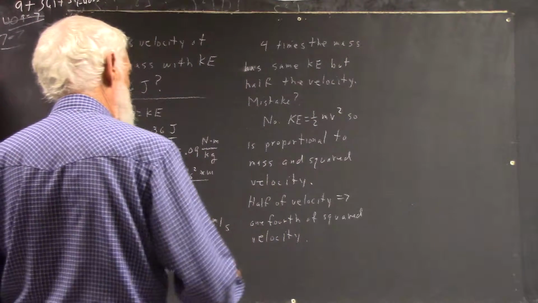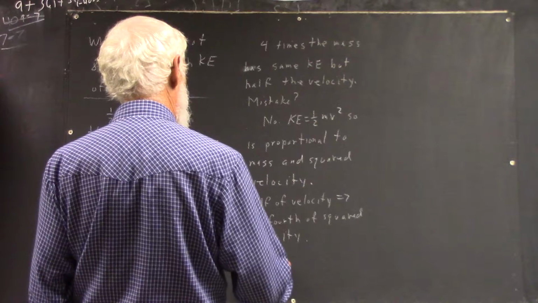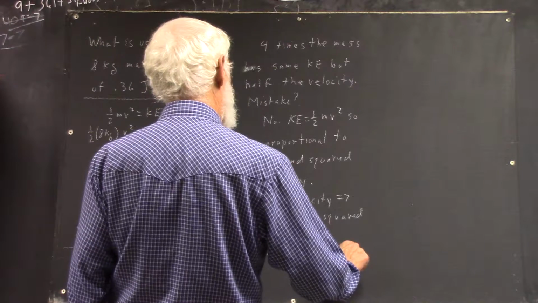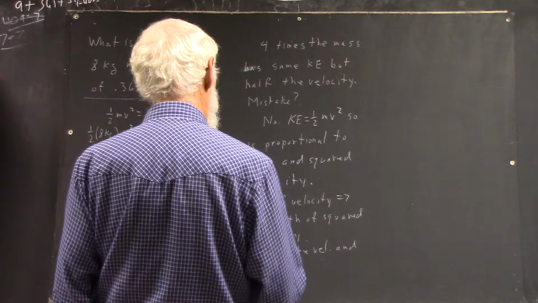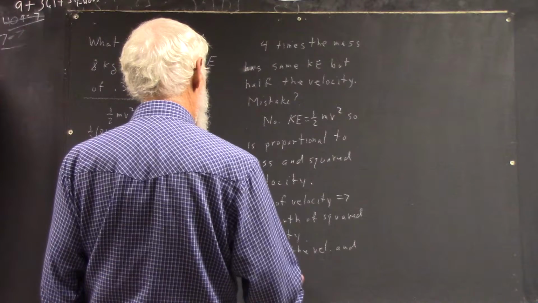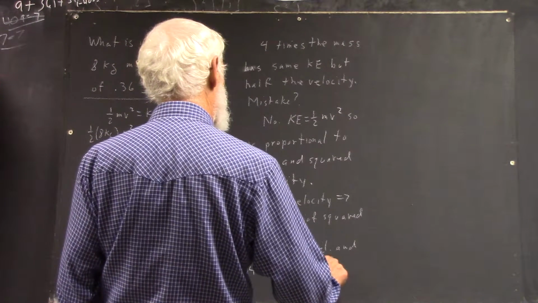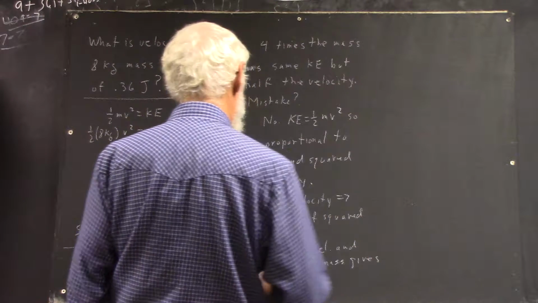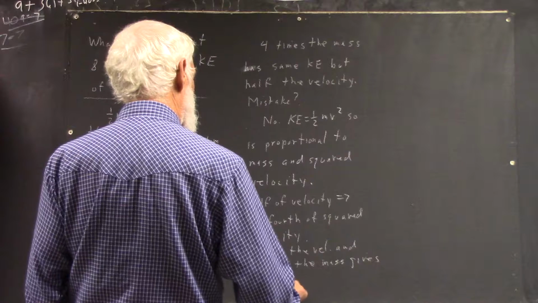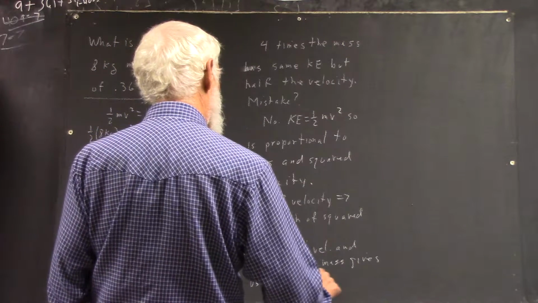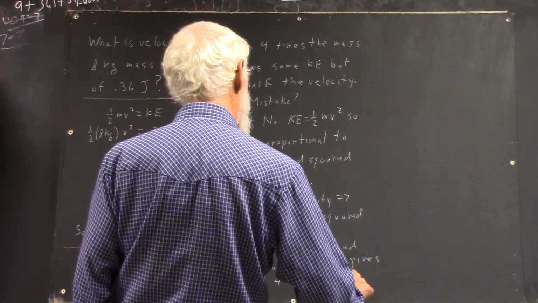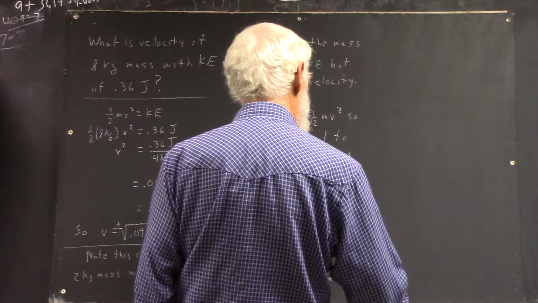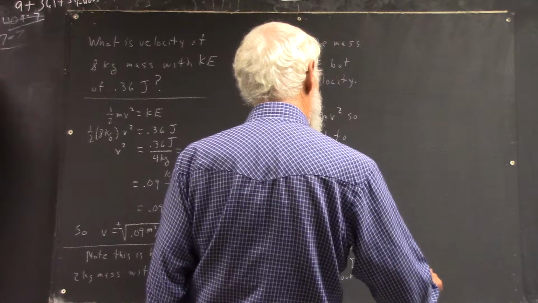So half the velocity and 4 times the mass gives us 4 times 1/4 of the kinetic energy.